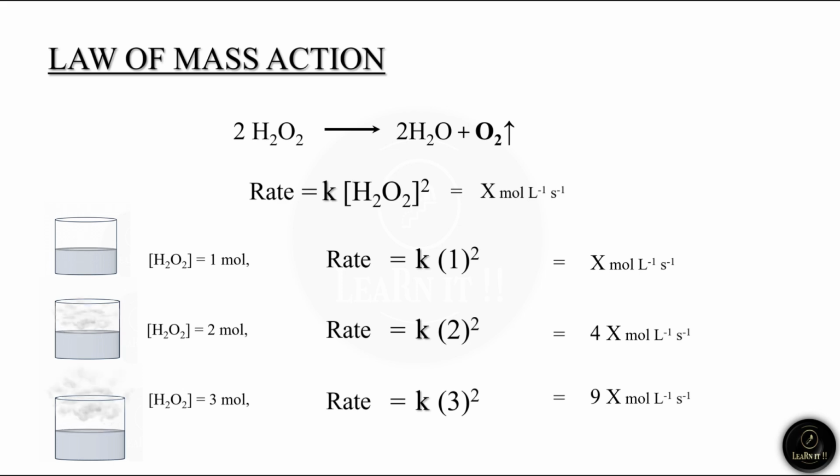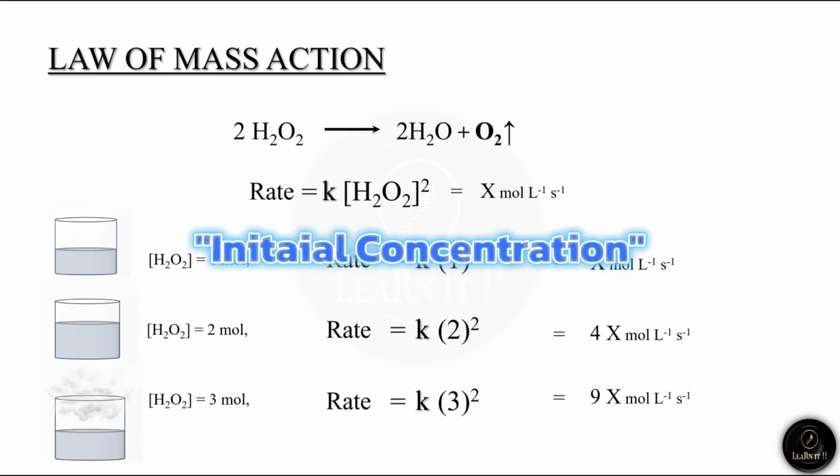So it means that if we increase the concentration of hydrogen peroxide by 3 times, the speed will be increased by 9 times. In conclusion, consider any amount. It may be 1 mole, 0.5 mole, 0.1 mole, or 10 mole.